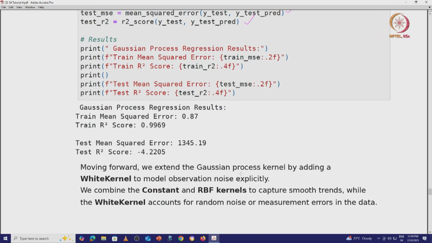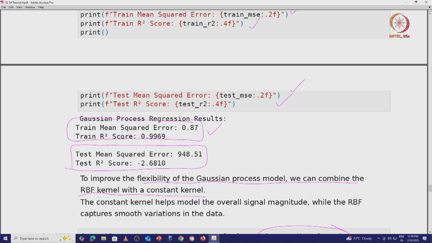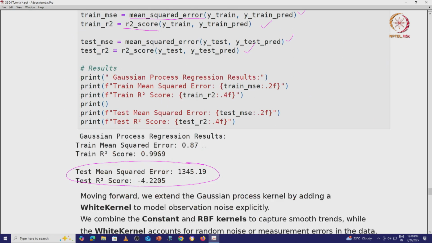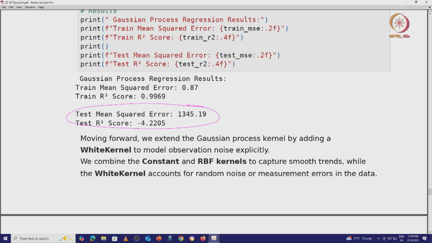So now what you see is in this case the test mean squared error is still really bad, it has in fact become worse. The train mean squared error 0.87 and 0.9969 is very similar, but actually the test mean squared error has gone bad. So what do we do to fix this?